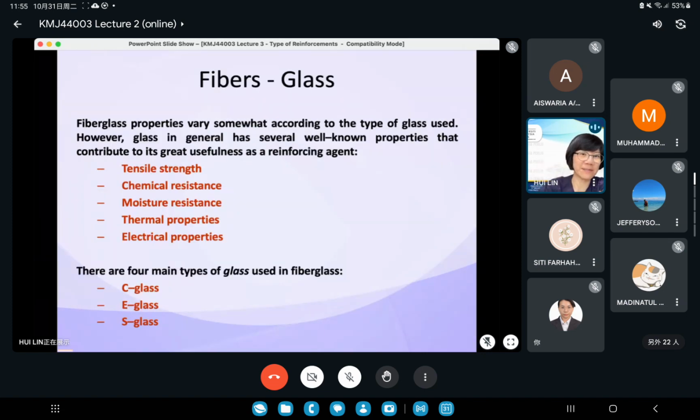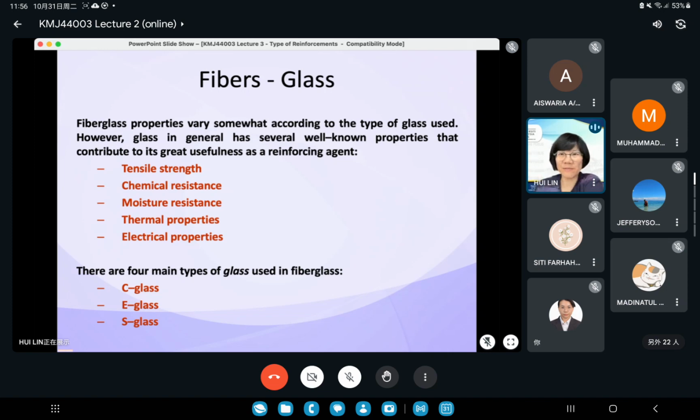So glass fiber, what are the benefits of using glass fiber? It gives all these types of benefits. We also have to be very careful when we deal with fibers, regardless of glass fiber, carbon fiber, whatever type of fiber in the industry. So what do you think we have to be careful about?